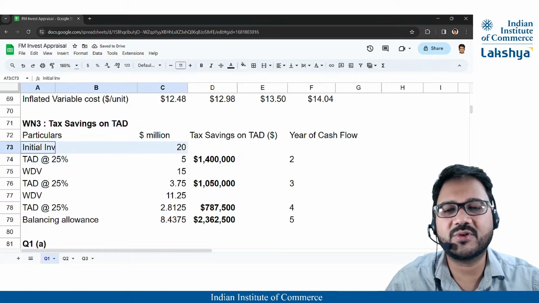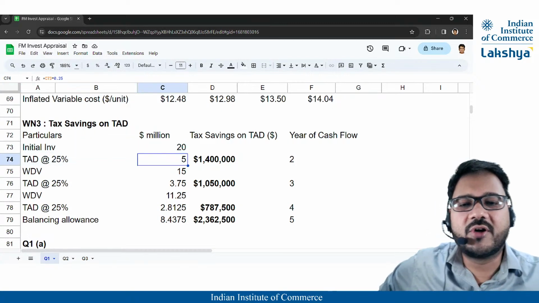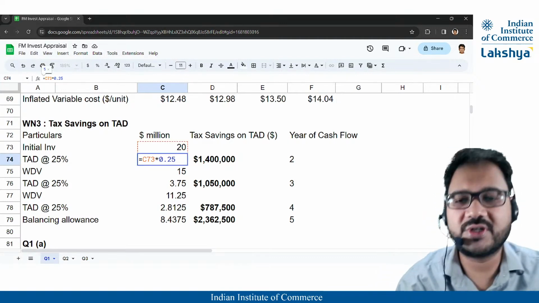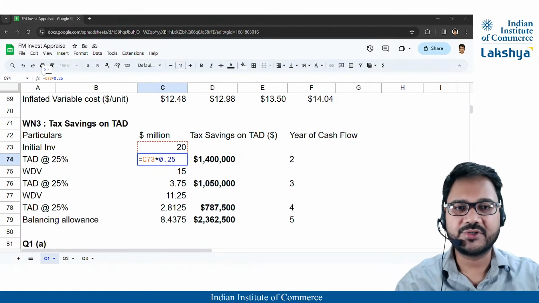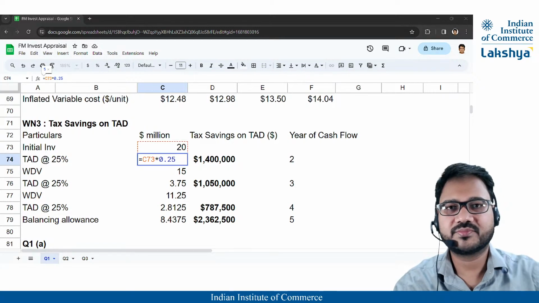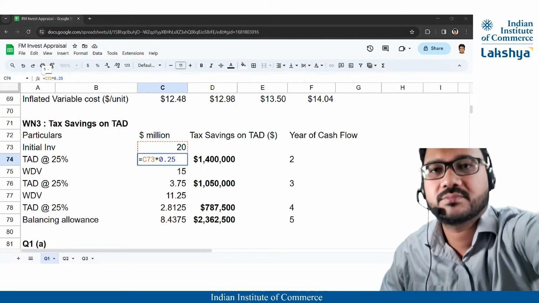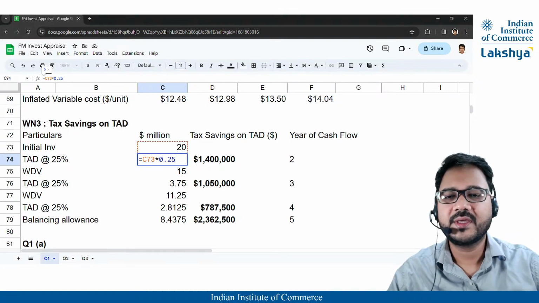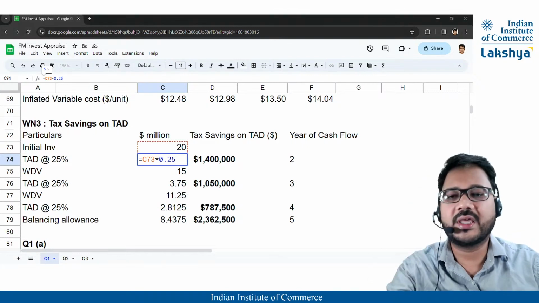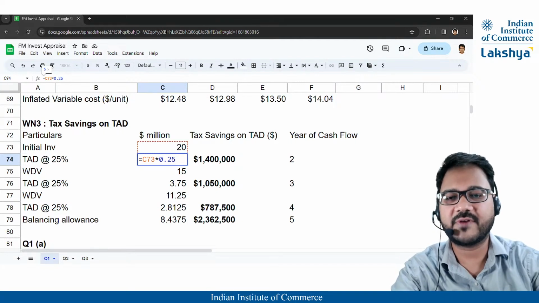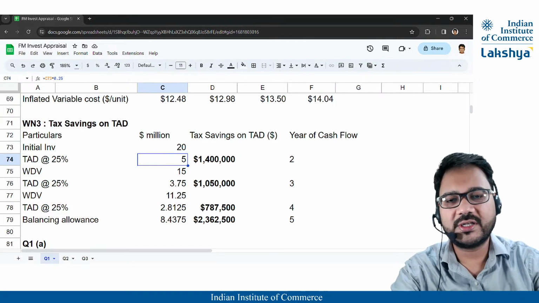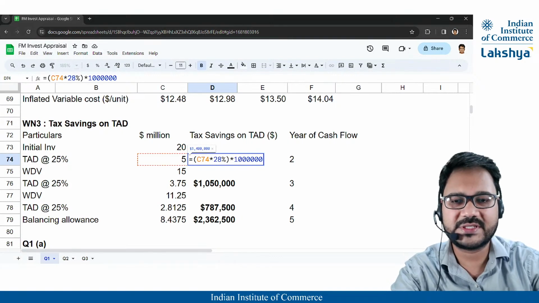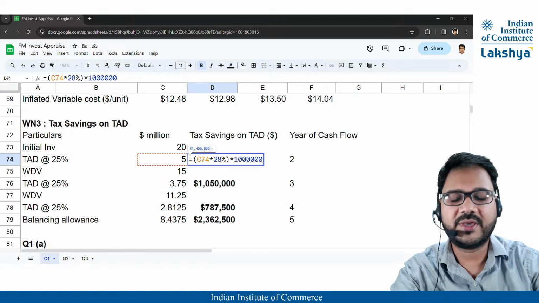So initial investment was $20 million, of which 25% is depreciation or TAD. So I'm reducing that amount over here. Wait just a moment. Okay, sorry. So out of that, I am reducing 25% as depreciation. On this depreciation, I'm calculating tax at 28%.